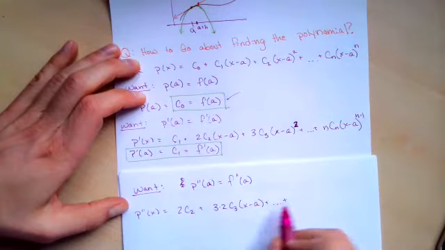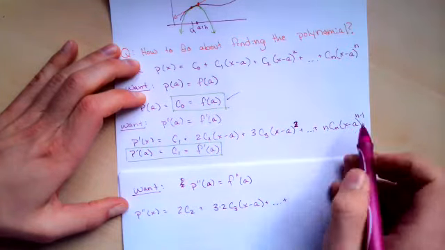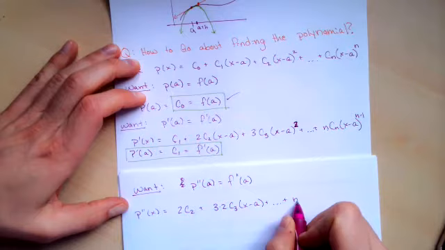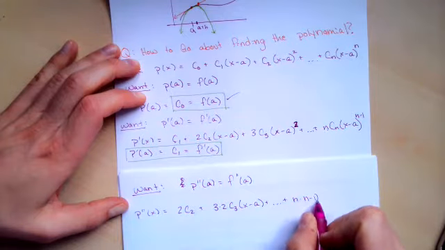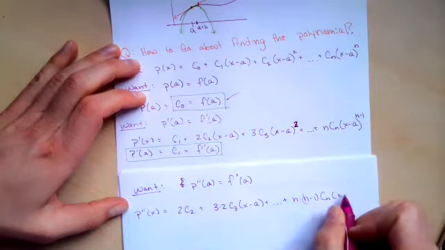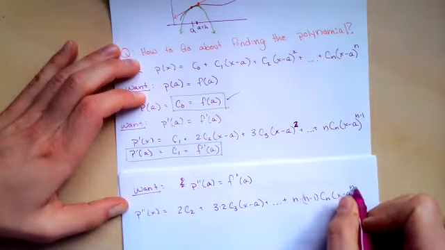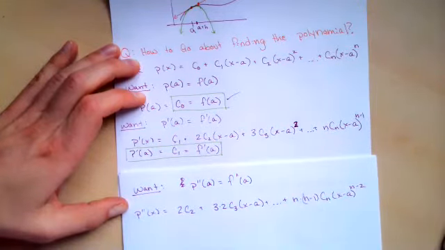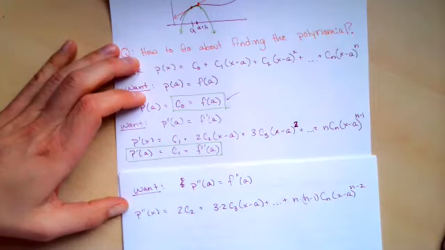And we're going to keep taking derivatives of all the successive terms. And our last term, we will have an n times n minus 1 times our nth constant. And then, of course, we will lower the degree of this last term, down to n minus 2. And so our p double prime of a is just 2c2.